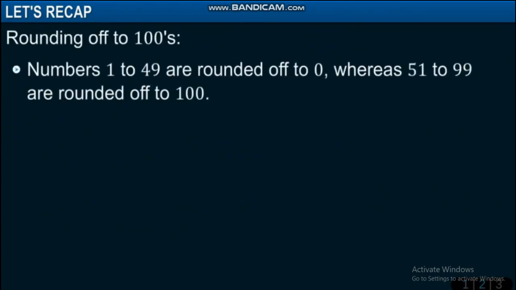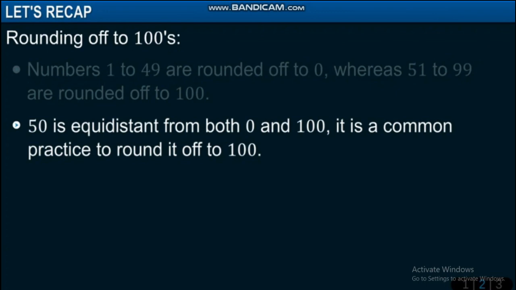While rounding off to 100, numbers 1 to 49 are rounded off to 0, whereas 51 to 99 are rounded off to 100. 50 is equidistant from both 0 and 100. It is a common practice to round it off to 100.